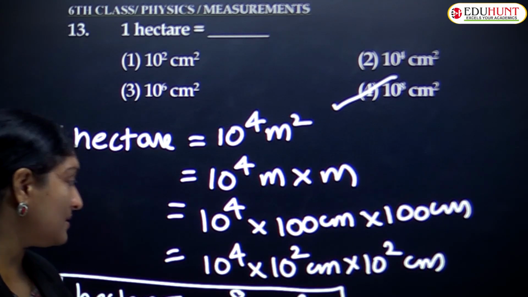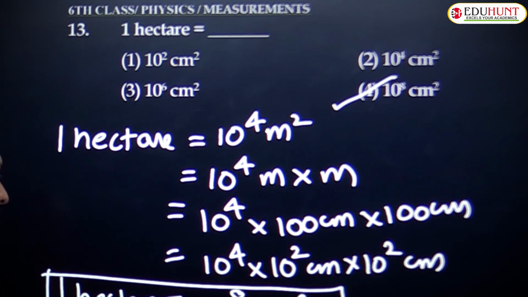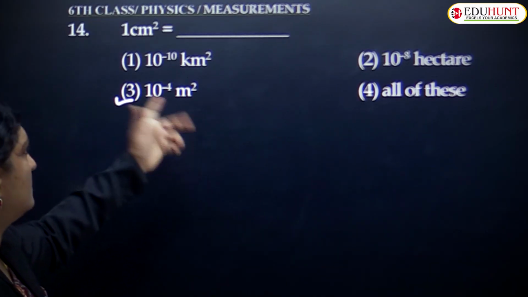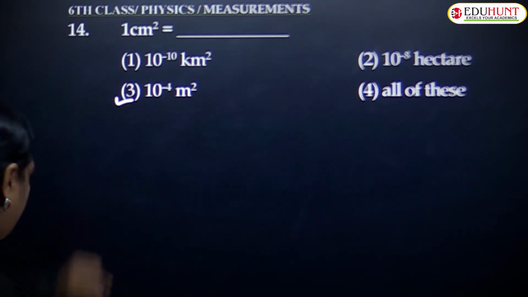So 1 centimeter square should be on the other side. How much? 10 power minus 8 hectare. So bring this 10 power 8 to the other side, plus 8 on this side becomes minus 8. So 1 centimeter square is 10 power minus 8 hectare. Is it there? No. So it is the option in centimeter, yes.